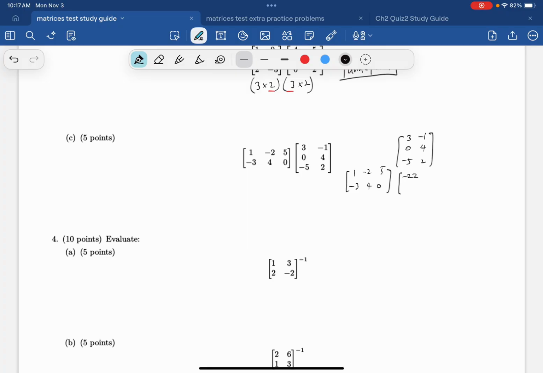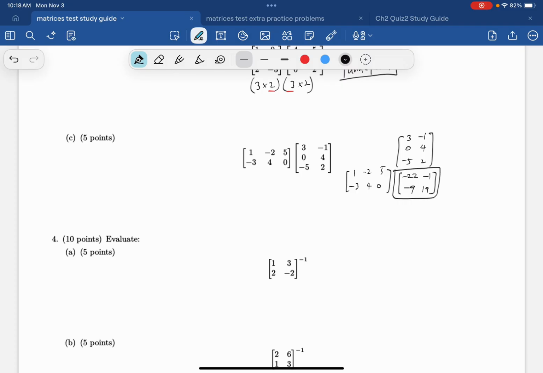So it's negative 1 minus 8 minus 9 plus 10. So it's minus 1. And then I have minus 3 plus 0 plus 0. Sorry, minus 9 plus 0 plus 0. So that's minus 9. And then positive 3 plus 16. So it's 19. Okay. So that'll be my answer there.